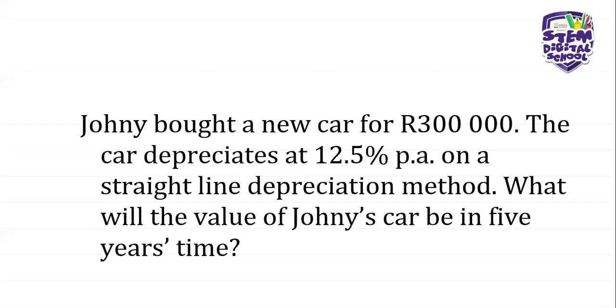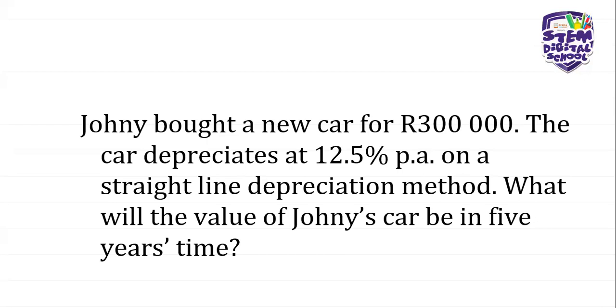But I've always said to you that before you can even start with your calculations, please make sure that you divide your interest by 100. So if you divide 12.5% by 100, then you get 0.125. So our interest there will be 0.125.